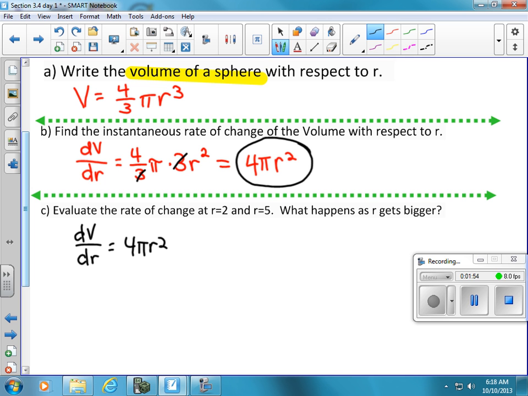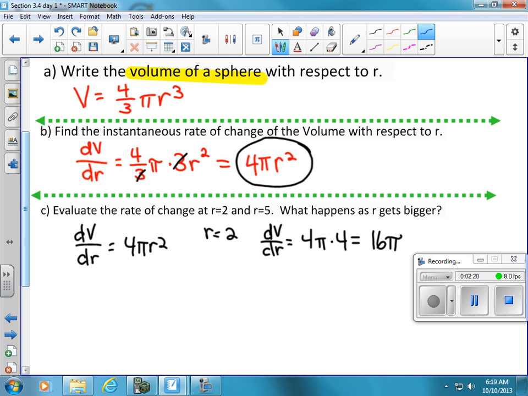We are going to plug in two values so that we see the different rates of change. At r equals 2, the change in volume equals 4 pi times 2 squared, which is 4, or 16 pi.